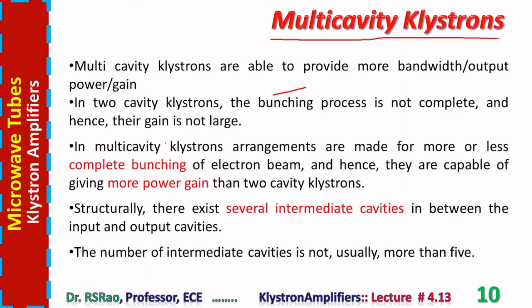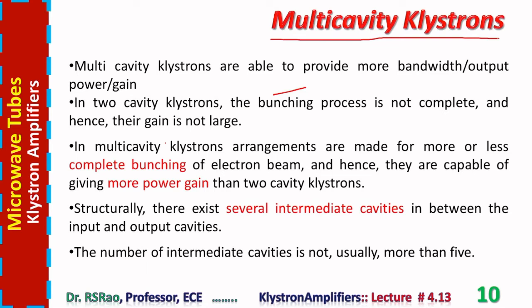In such cases, to achieve higher levels of performance from the Klystron, some more cavities are introduced in between the input cavity and the output cavity. These are called intermediate cavities. The resultant Klystron is called a multi-cavity Klystron.